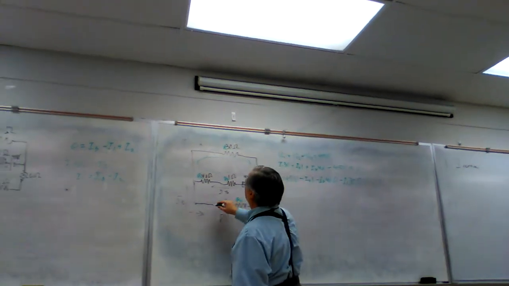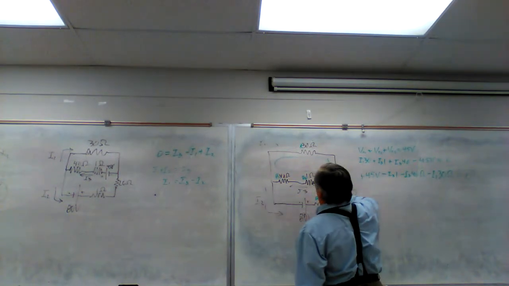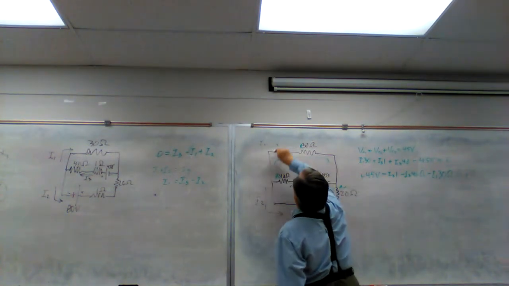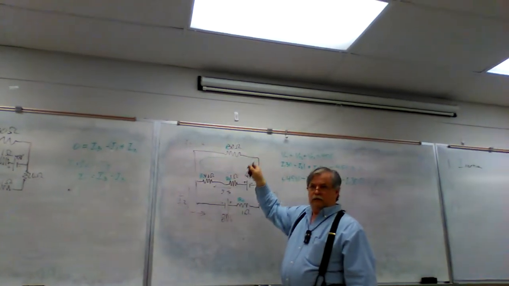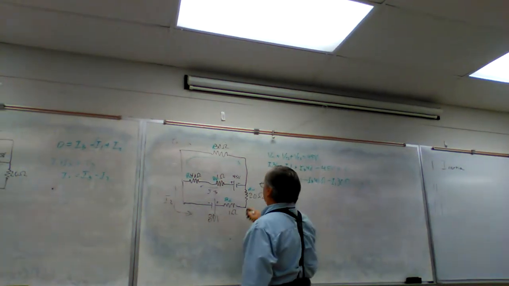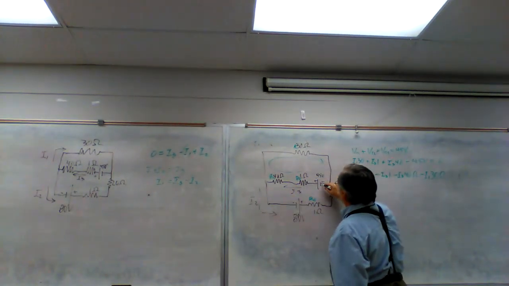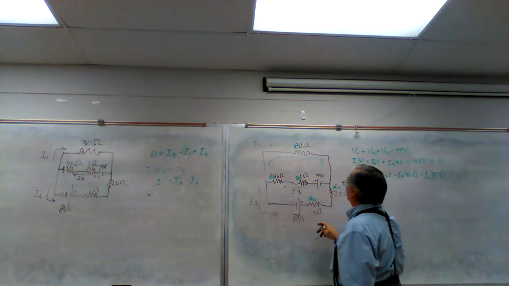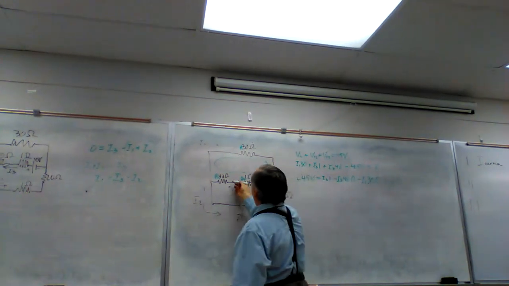Because in this case, if we go with this outer loop, we have current flowing in one direction here and flowing in an opposite direction here. Or, if we go around this loop, then from here we're going from a lower to a higher potential, so that's an increase in potential.